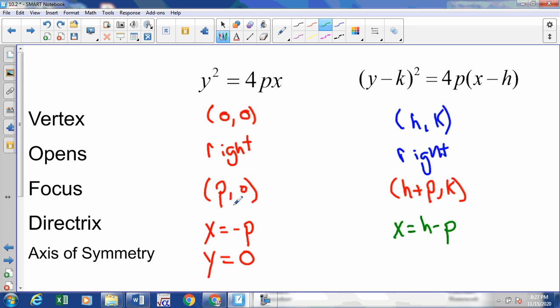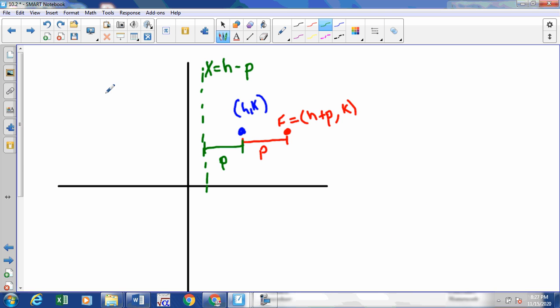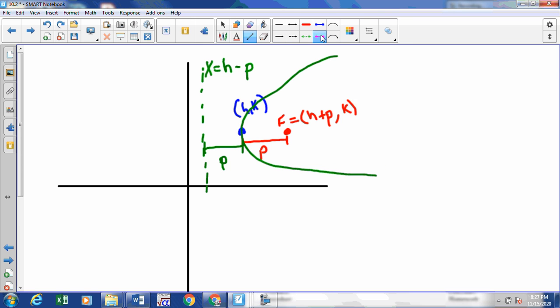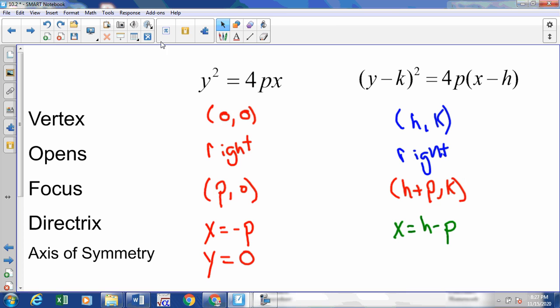And once again, instead of relying on the formulas, draw a picture. If I drew my parabola something like this, then my axis would be right through the middle, and that is just going to be y equals k, whatever my k is.